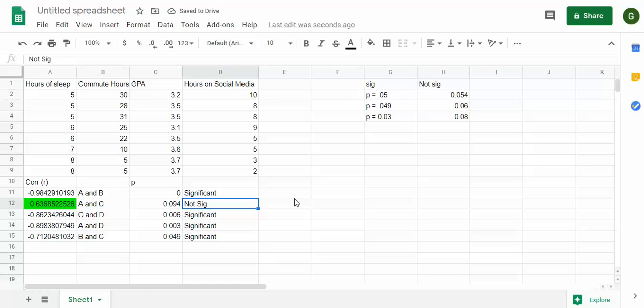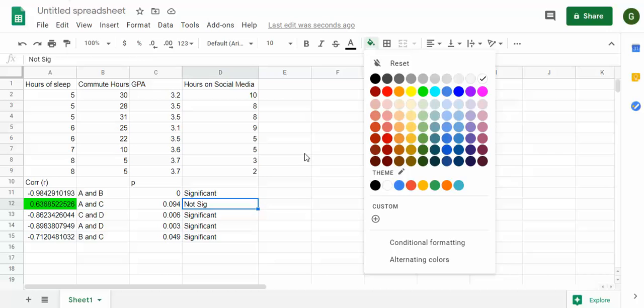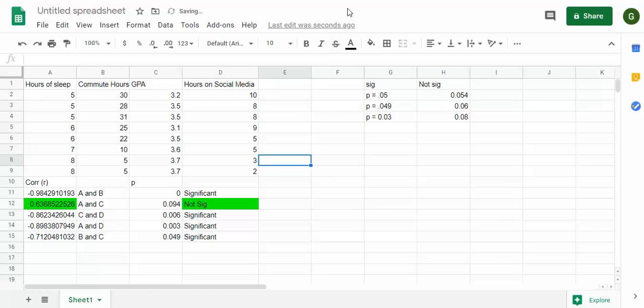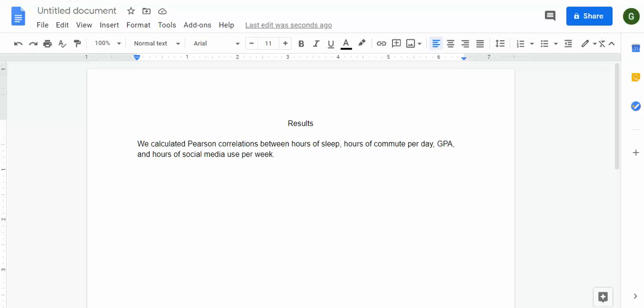And it's not significant. So I actually don't have any significant positive correlations. So I would actually skip that sentence and go straight to the negative correlations because all of the other ones are negative.